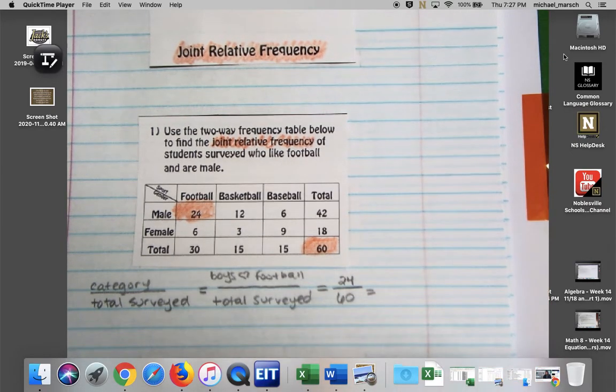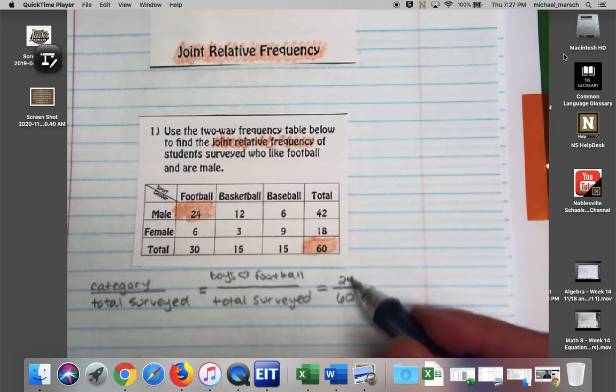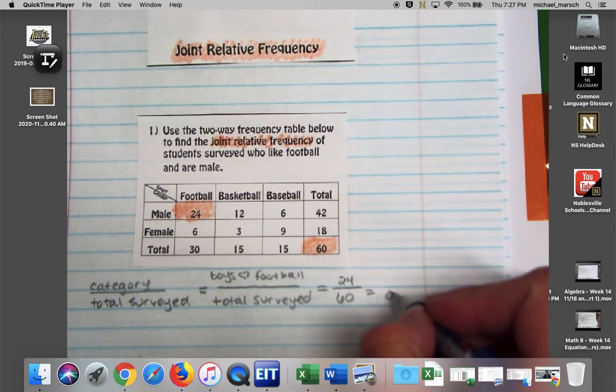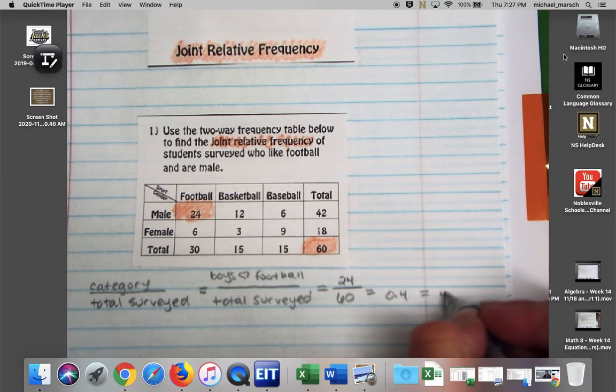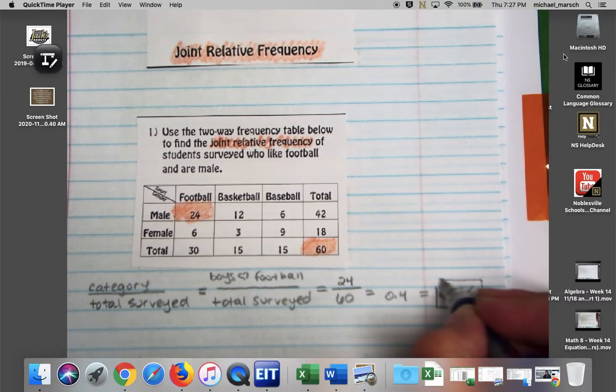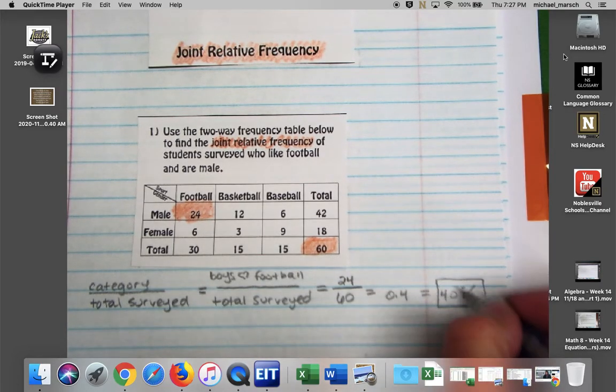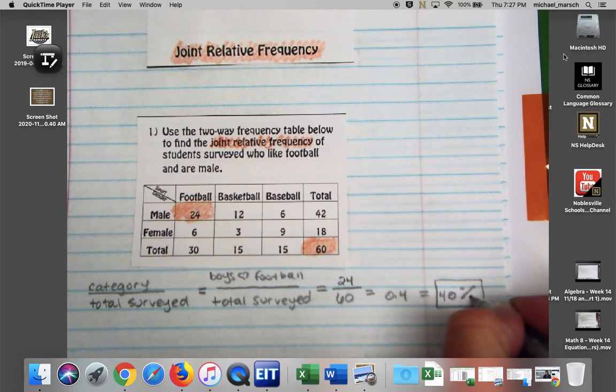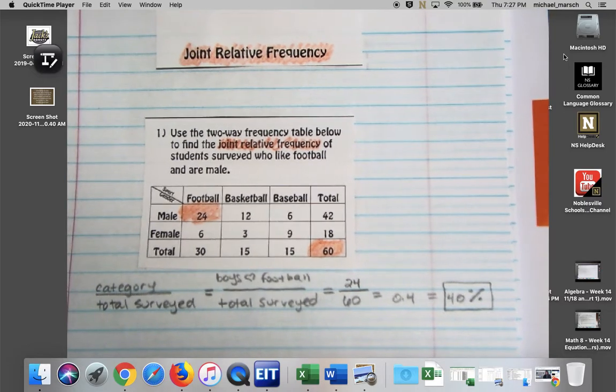But I need this as a percent. So when I divide this, 24 divided by 60, I get 0.4, which you all know is equivalent to 40%. Okay. So there you have it, joint relative frequency.